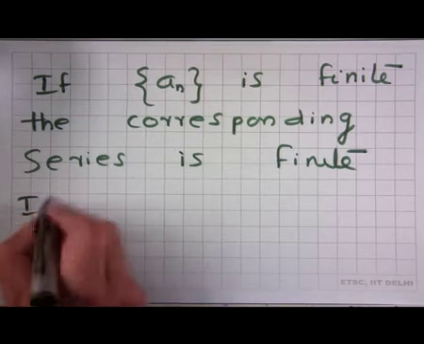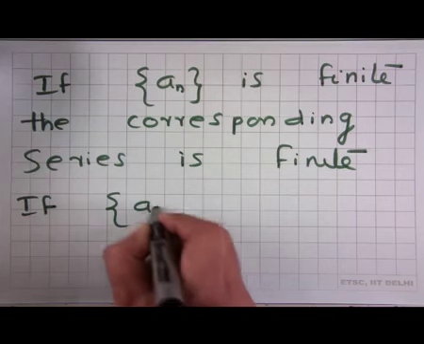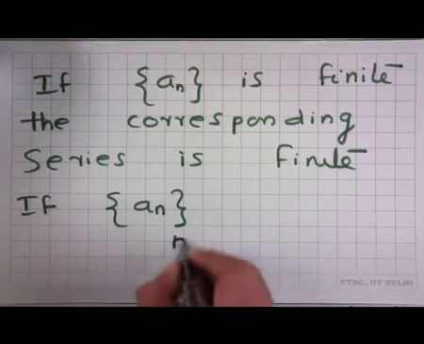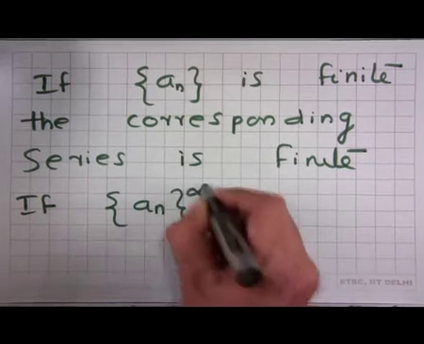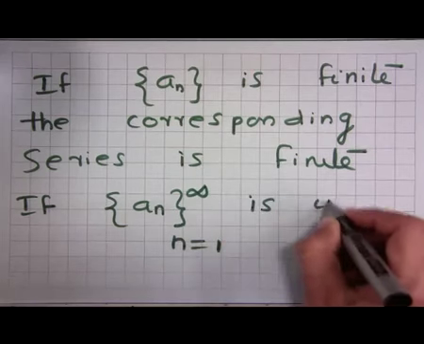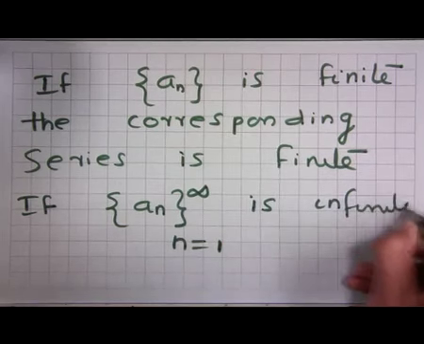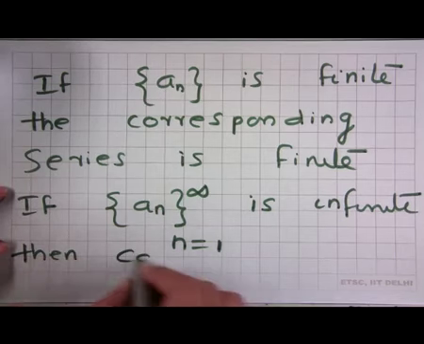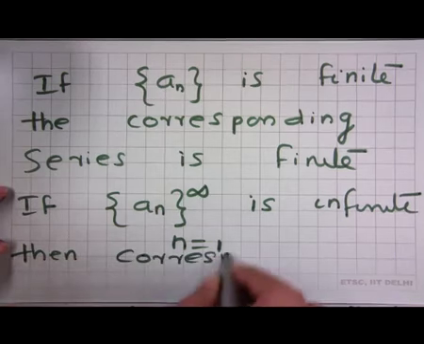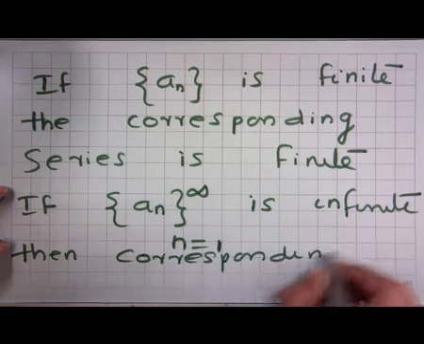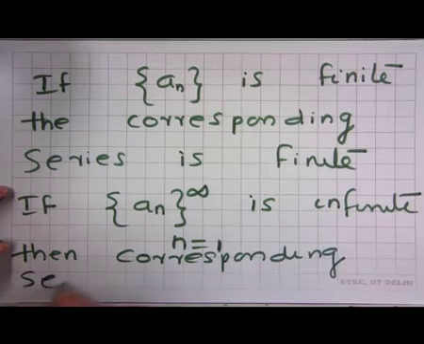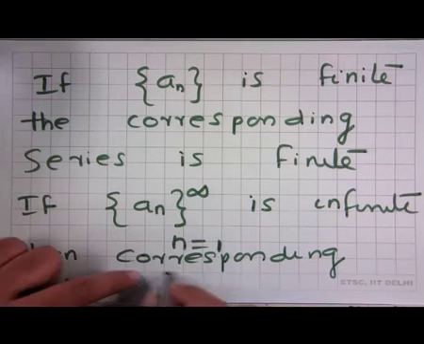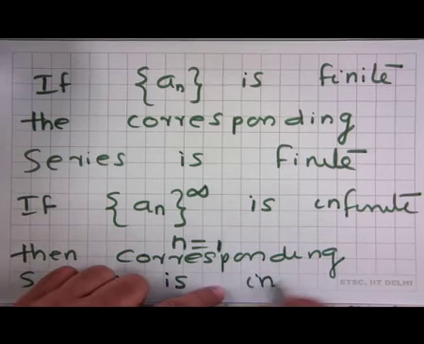If the sequence an, n equal to 1 to infinity, is infinite, then the corresponding series is infinite.